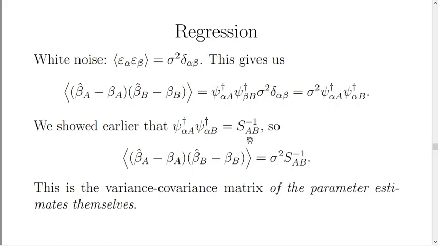So we finally conclude that the expected value of the product of two deviations of parameter estimates from their true values is equal to the variance times the inverse S matrix. This is the variance-covariance matrix of the parameter estimates themselves.